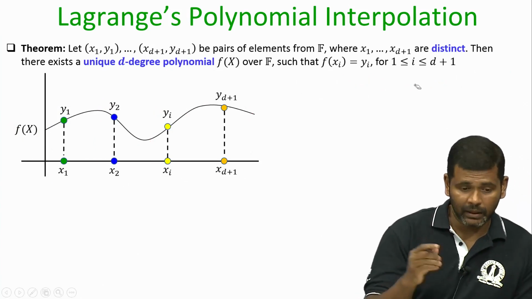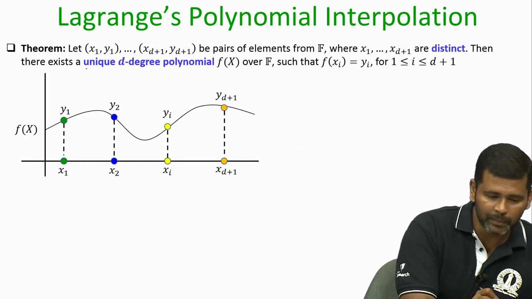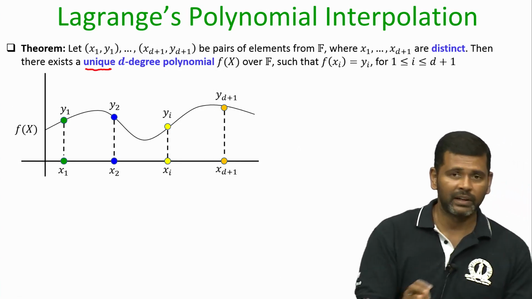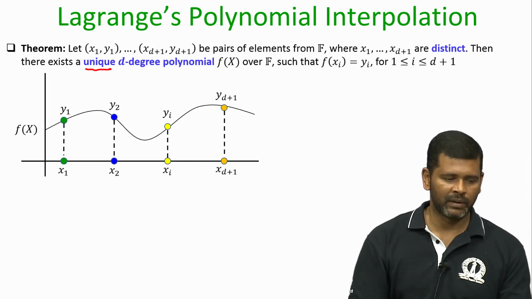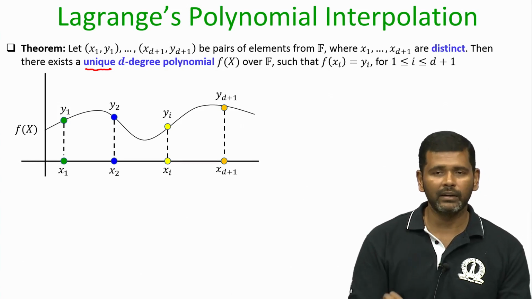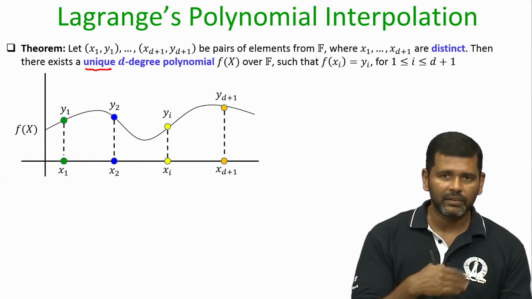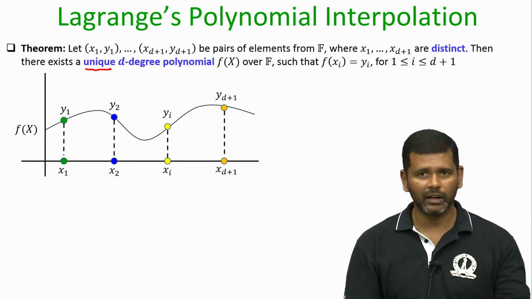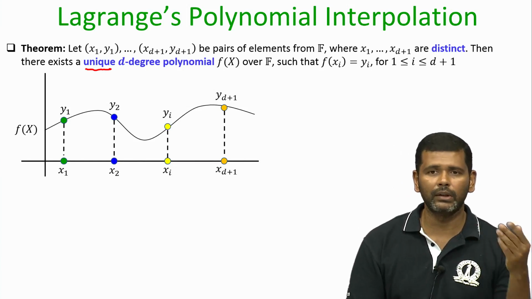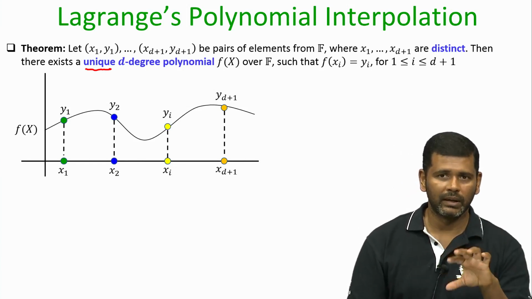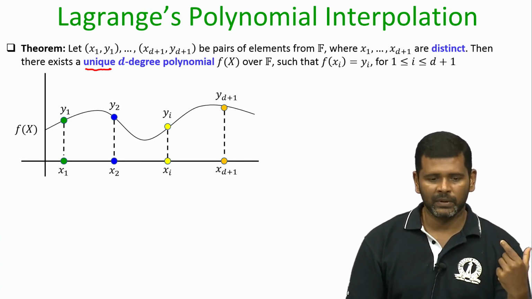Now, not only is there a polynomial, that polynomial is a unique polynomial, that is also one of the implications of this theorem. That means, you can't have two different curves f of x and g of x passing through these x y pairs, and that comes from our previous results, because in the previous two theorems we have already argued that two different d degree polynomials cannot have more than d common values.